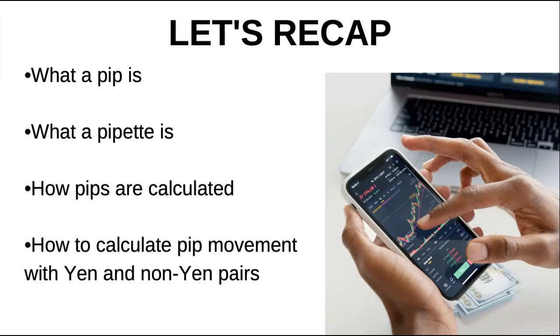So if you are trading USD JPY or GBP JPY, then you're going to want to make sure that you understand that it is the second decimal place after the decimal when you are calculating those yen pairs. So pretty self-explanatory, pretty straight to the point.